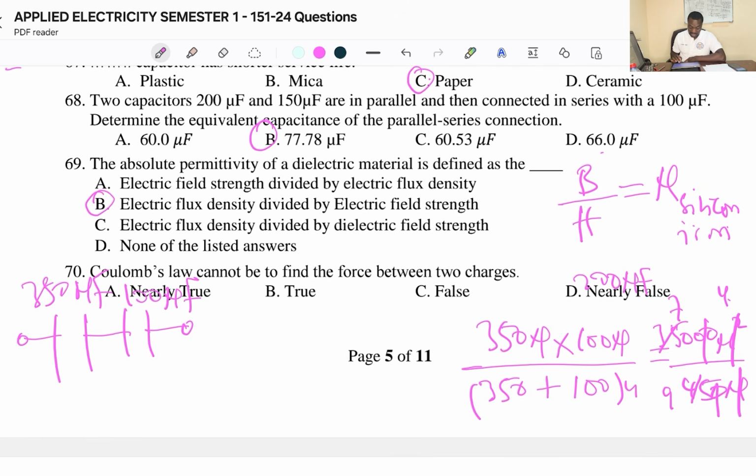And this is about permittivity. So this one will rather be D, that would rather be D, electric flux density.